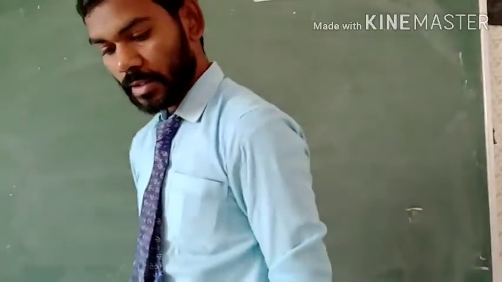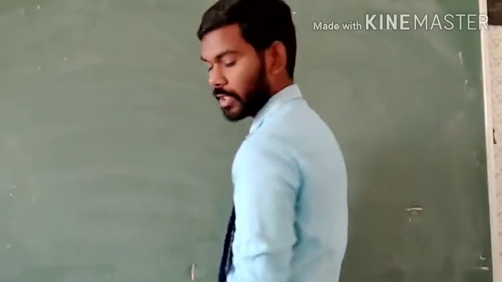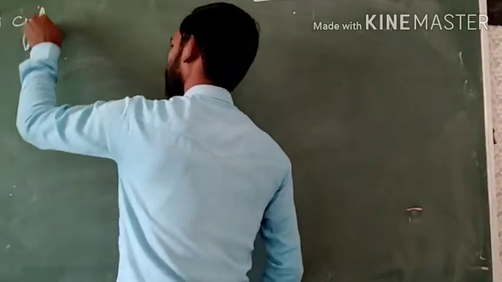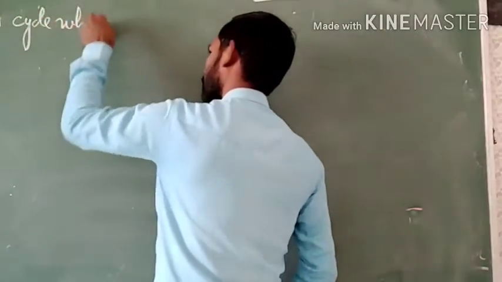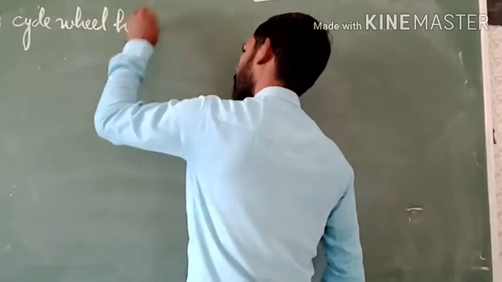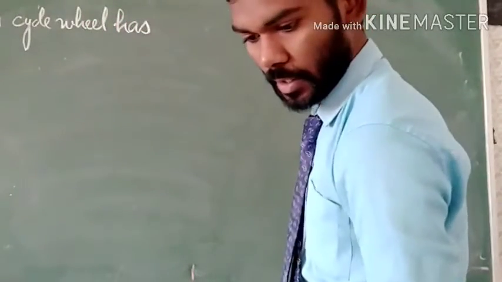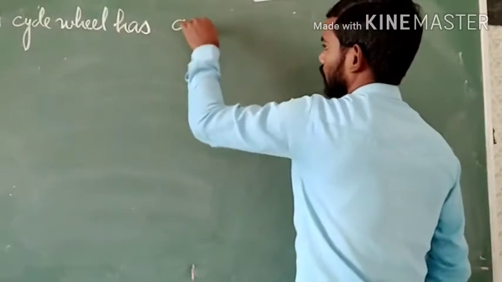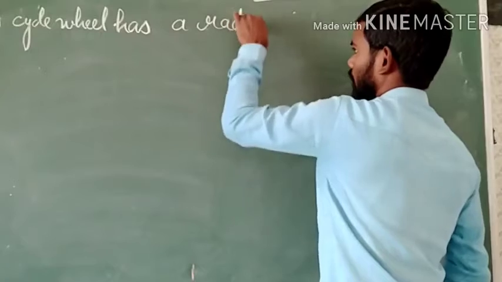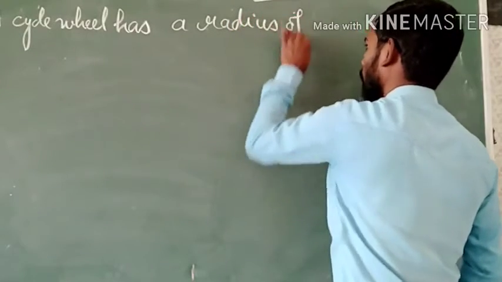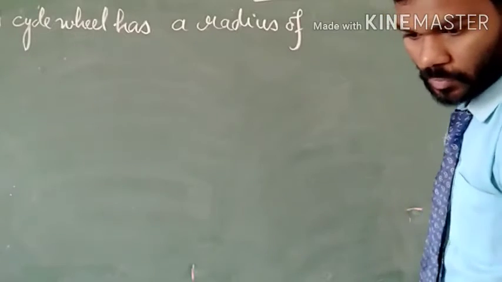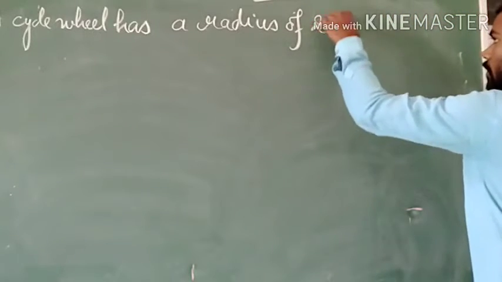The next question is: a cycle wheel has a radius of 28 centimeter.